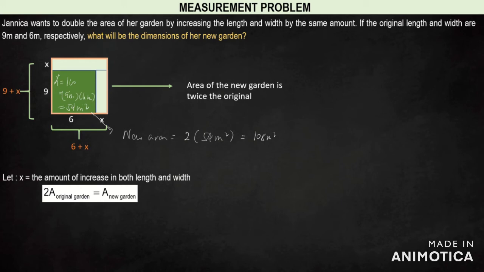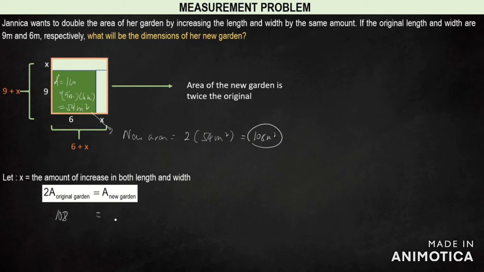The area of the new garden is 2 times the area of the original garden, which is equal to 108 square meters. Okay, we'll just not write the units here to avoid confusion.